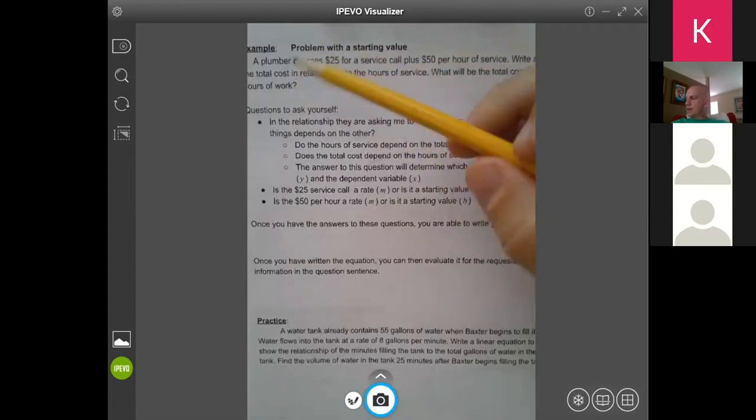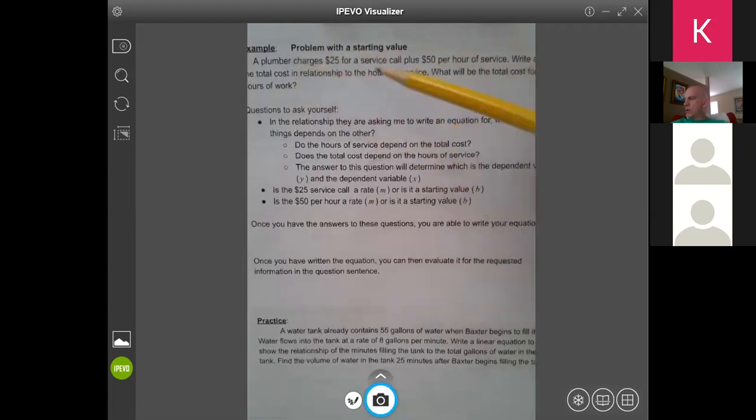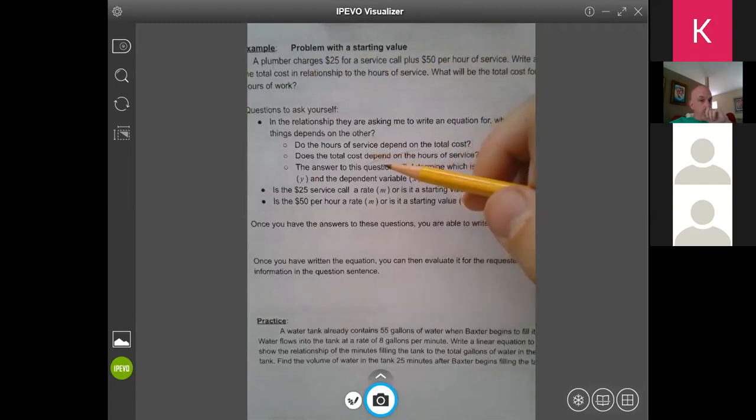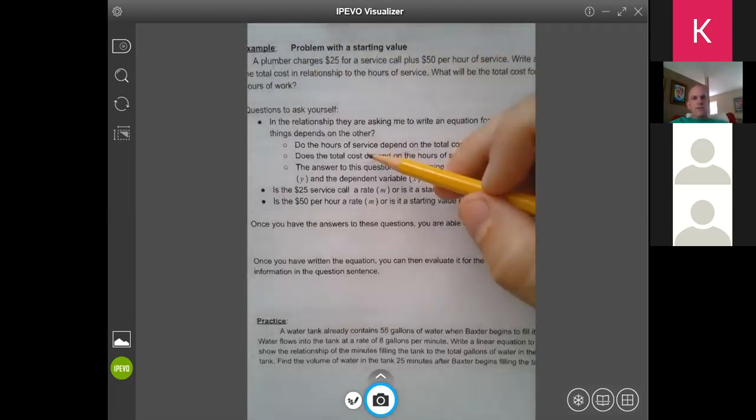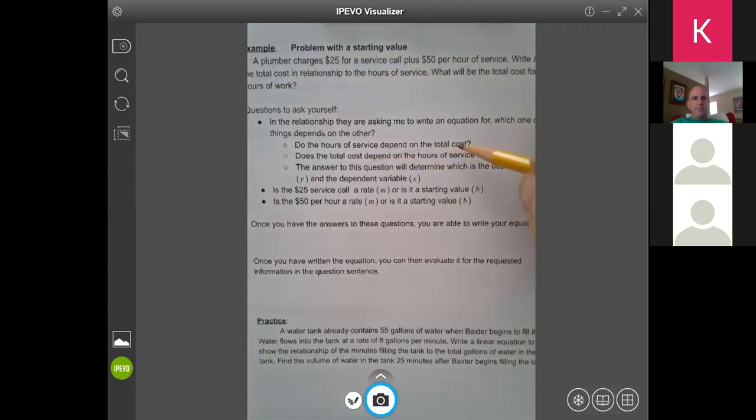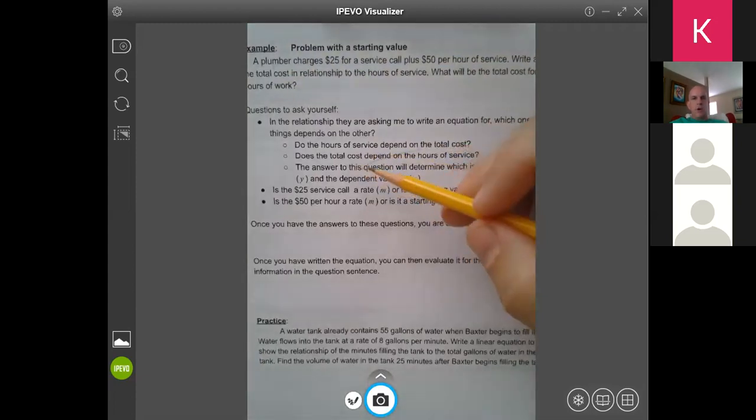So the two things in that question, the total cost compared to the hours of service, is the first thing we need to ask ourselves. So in the problem here, do the hours of service depend on the total cost, or does the total cost depend on the hours of service?